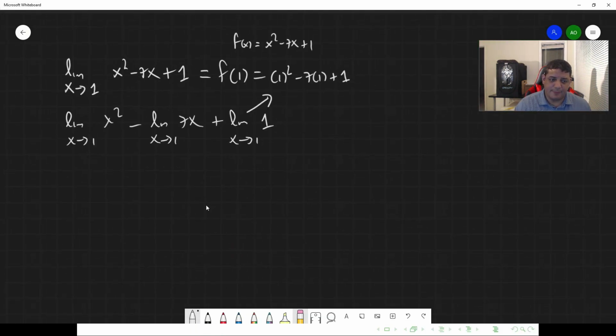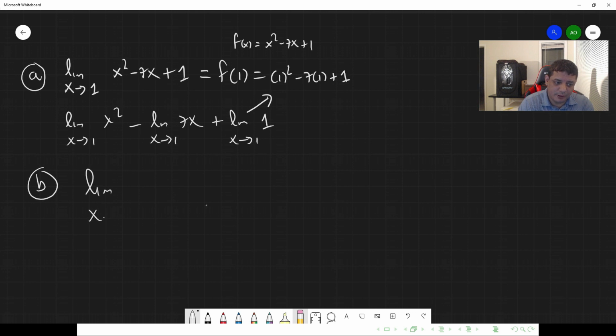So I had an example here. Now let me do the limit when x goes to 2 of x squared plus 2x over x plus 1. So the first thing that I gotta check is, is this going to cause an issue in the denominator?